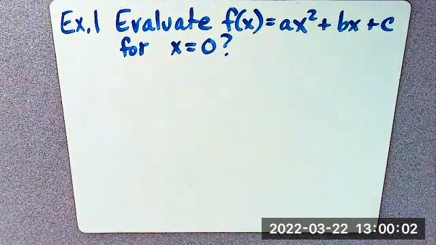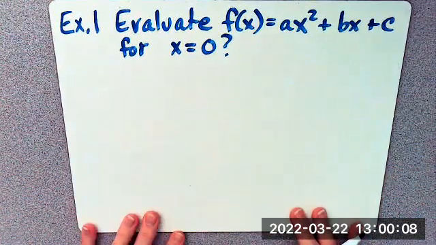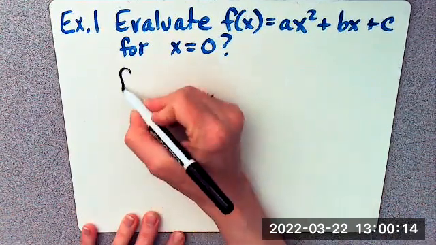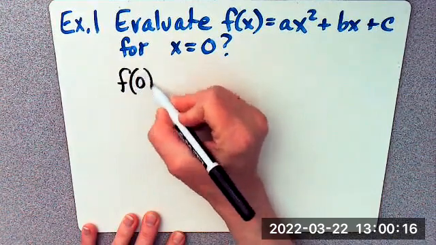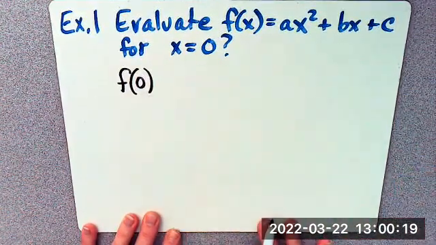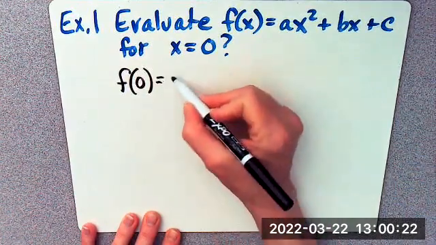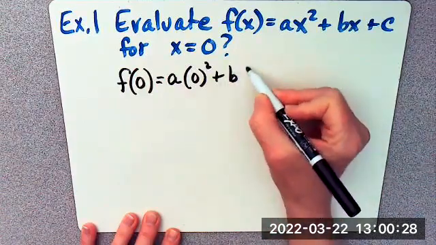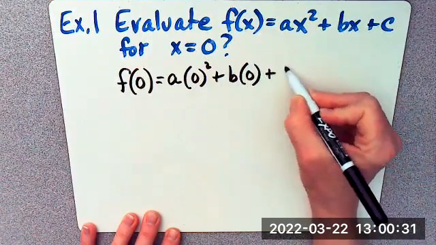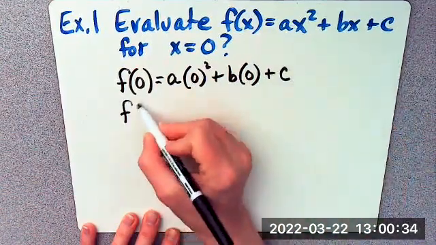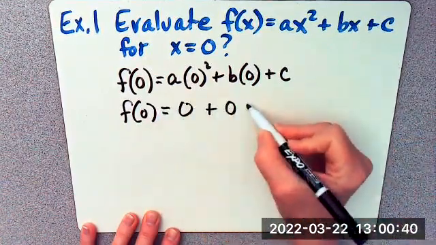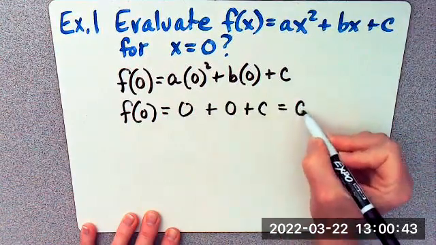All right, so let's evaluate f of x equals ax squared plus bx plus c for x equals 0. So we write this as f of 0 to keep track of what value of x we're going to be using. So then we write a times 0 squared plus b times 0 plus c, and we see we have f of 0 equals 0 plus 0 plus c, so it just equals c.